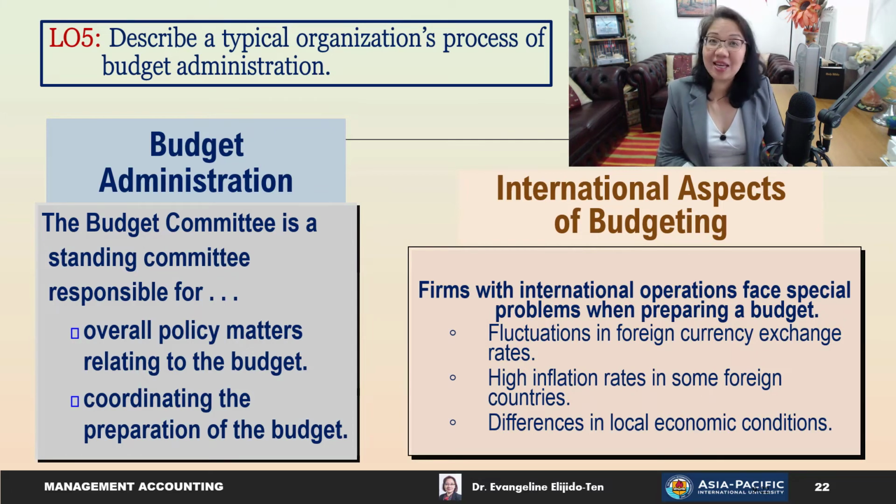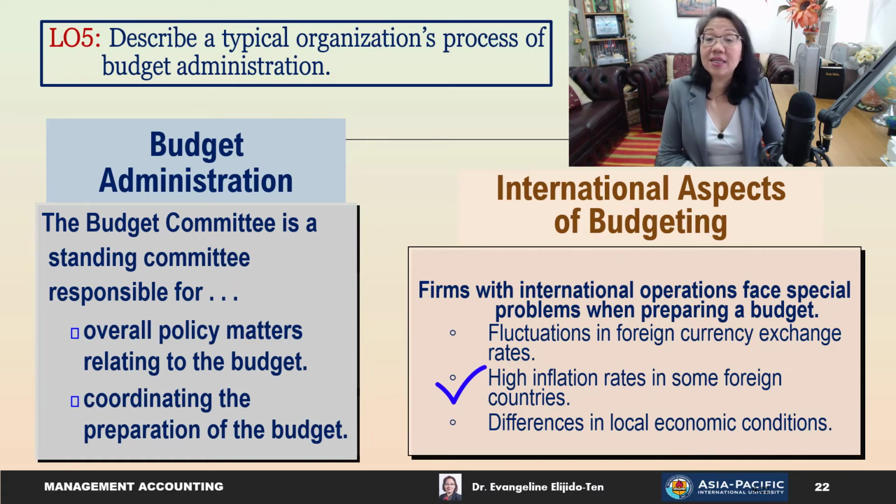Although multinationals have sophisticated financial ways of hedging against such currency fluctuations, the budgeting task is still more challenging. Second, it is difficult to prepare budgets when inflation is high or unpredictable.